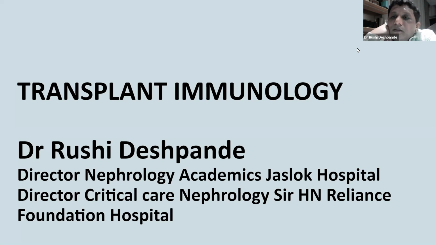For a general inexpensive screening test, you will do a PRA, the panel reactive antibody. That will tell you whether the patient has any anti-human leukocyte antigen, anti-HLA antibodies against other human being antigens in the general population. That is a screening test.